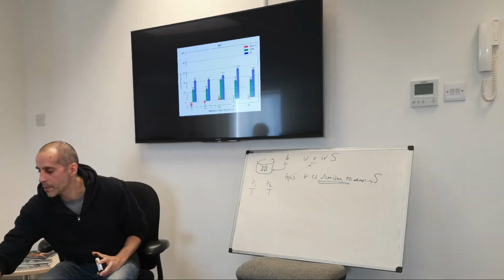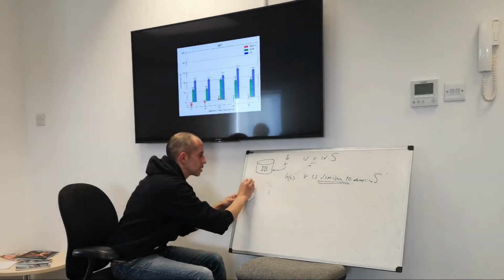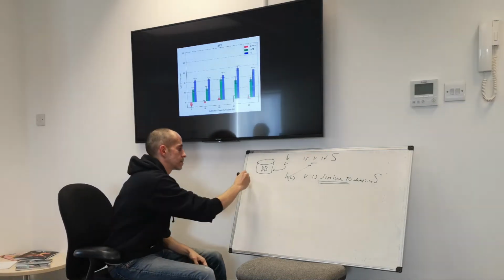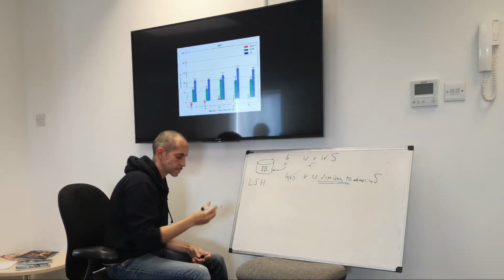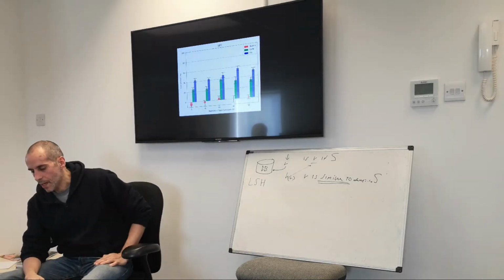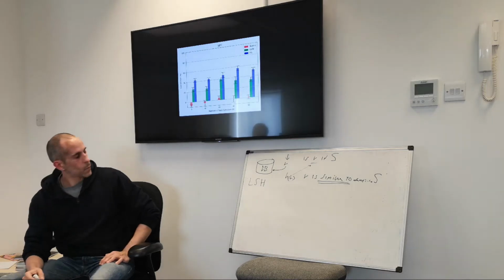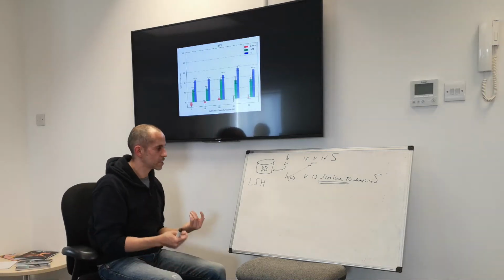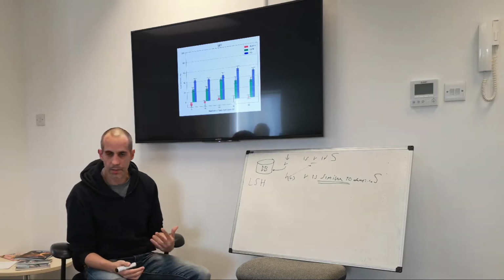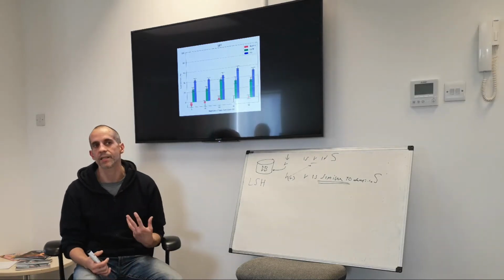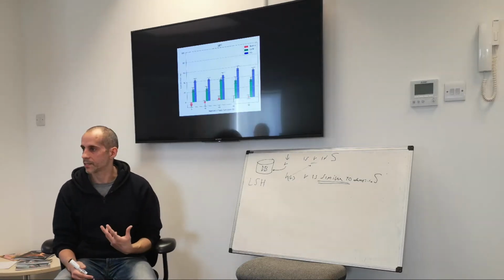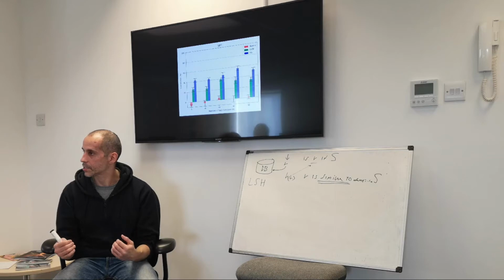Thankfully, Jamie had heard of something called locality sensitive hashing. And what locality sensitive hashing is, essentially, is the opposite of what the Bloom filter is doing, because it is the idea of creating hashing functions that actually maximize the probability of clashes.